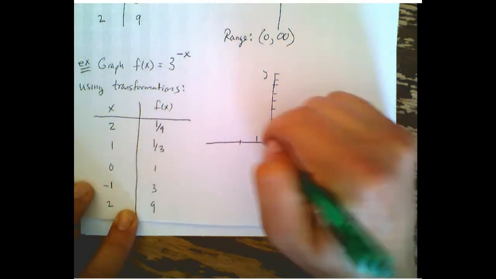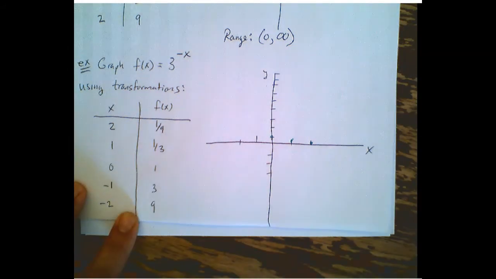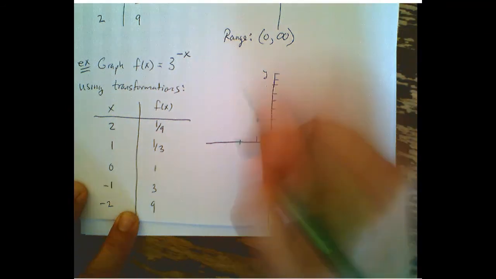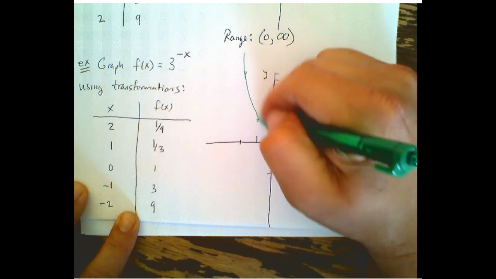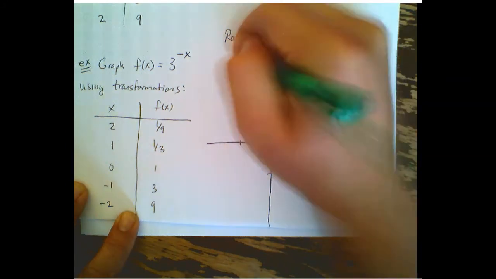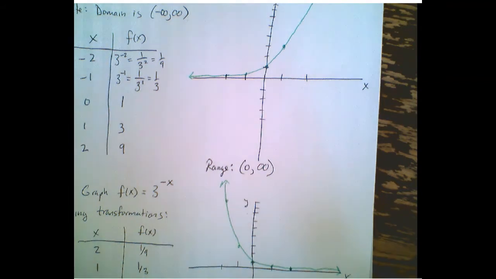And then 0, 1, and -1, 3, and -2. So same idea, just rides along the axis in this direction. So if we compare, it just kind of flips it horizontally, or horizontal reflection here. So it just takes this graph and just flips it around, right?